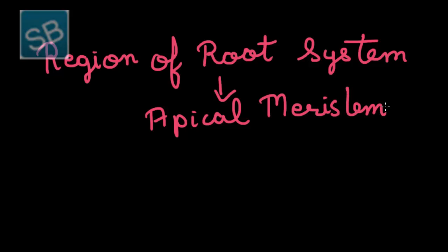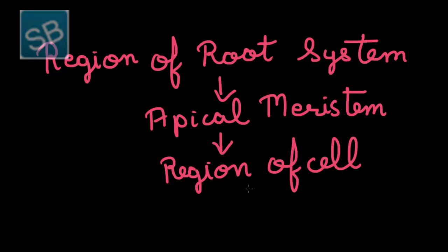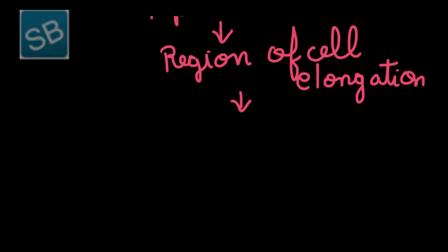Till now, we have studied the types of root system. Now let's study the regions or the structure of the root. A typical root is basically divided into three regions, that is the apical meristem region, then the region of cell elongation, and the region of cell maturation.